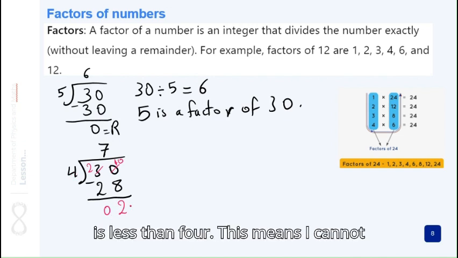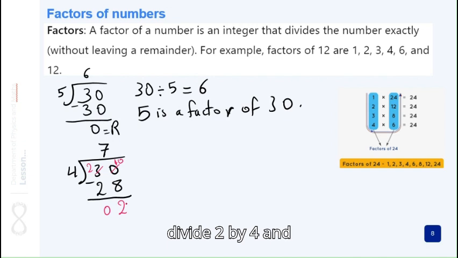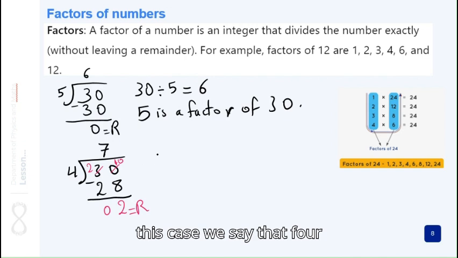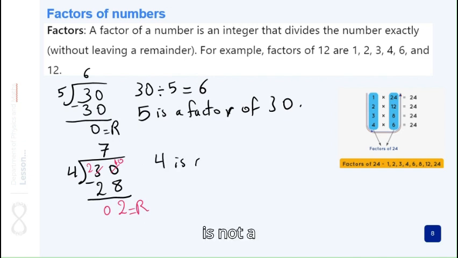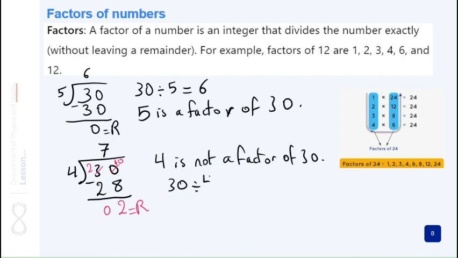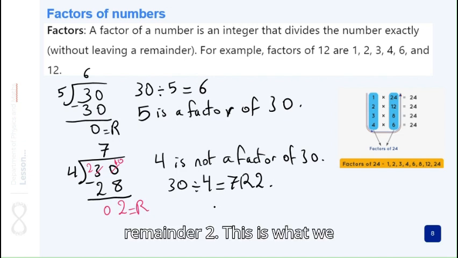This means I cannot divide 2 by 4, and for this reason I will leave this as the remainder of the division. In this case, we say that 4 is not a factor of 30, or because 4 does not divide 30, since 30 divided by 4 is equal to 7, remainder 2.